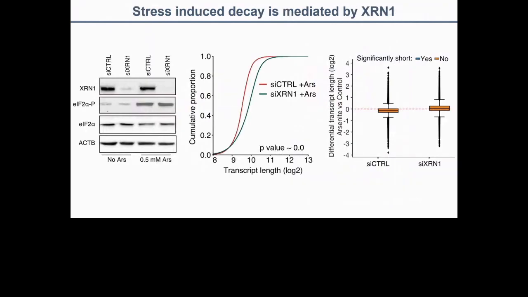Now, having this data, we also want to dive into the molecular players that might be involved in this process. So we thought about XRN1, which is the primary 5' to 3' exonuclease in cells. So we knocked down XRN1, and indeed we see that when we silence XRN1, we see an increase of the RNA length.